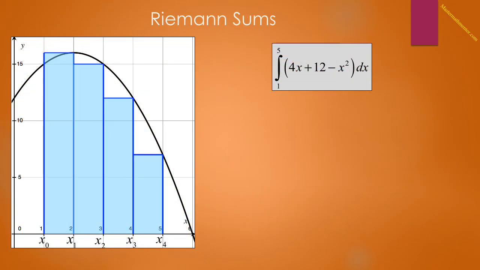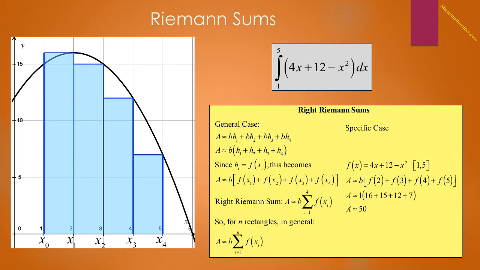We will now approximate the integral from 1 to 5 of 4x plus 12 minus x squared dx, but we'll use right Riemann sums. Right Riemann sums use rectangles whose top right vertices are on the curve. We still have our values x0, x1, x2, x3, and x4 along the base of our rectangles.